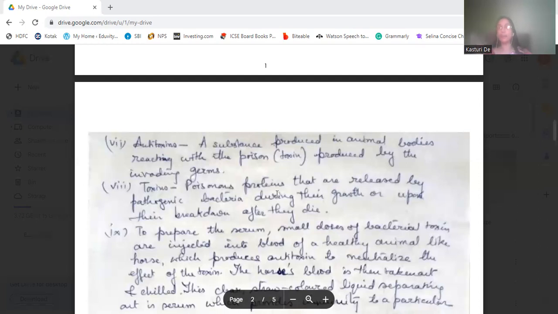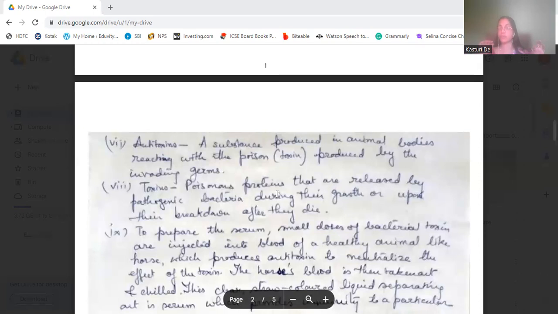And to fight back, the substance which is prepared by the animal body or human body on which the toxin has been produced is known as antitoxin. To prepare the serum, what process is required?